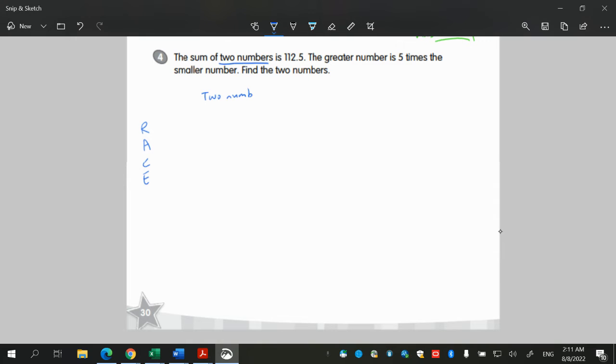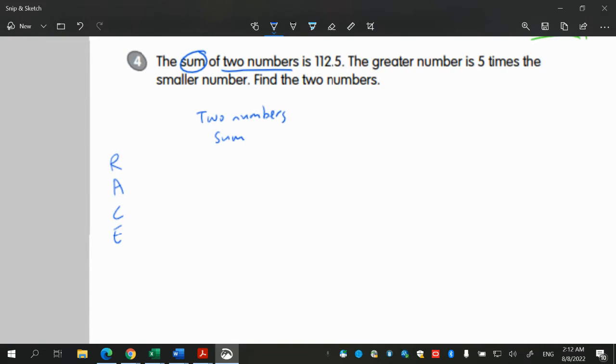I'm going to do my annotations at the same time when I'm reading for the second time. There's this thing that's called sum, and that sounds familiar. Do you remember this thing called sum and difference? You probably first hear about sum and difference when you're in primary 3, right? If you can recall.